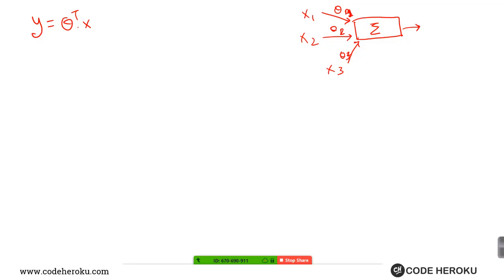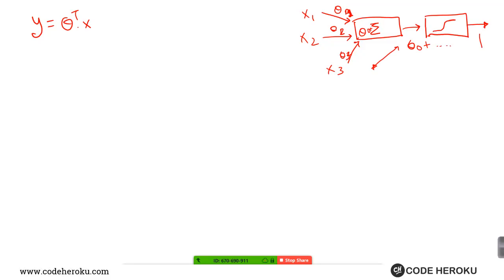So this will give us theta 0 plus the same equation that we just wrote. So this is linear regression, and what we are going to do is add a sigmoid block over here, which will convert our linear model and threshold it to have a nice S-shaped curve like this.